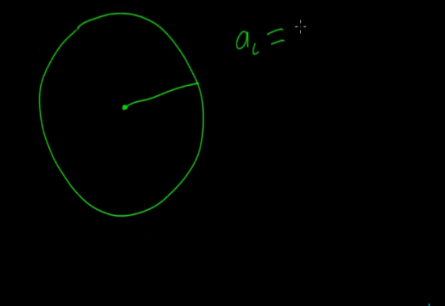Centripetal acceleration is equal to v squared, so the velocity of the object squared, over the radius.